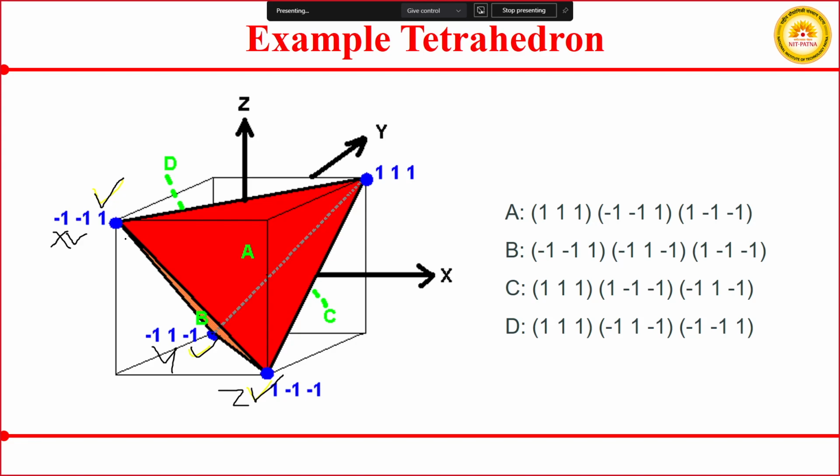Okay, and if you try to see, when you are seeing from outside, this will be your viewing direction, because this is in front of you. And if you take counterclockwise direction in this viewing direction, what will be the sequence of vertices? This will be x, y, and z, because we are considering counterclockwise, or you can say z, x, y, or y, z, x.